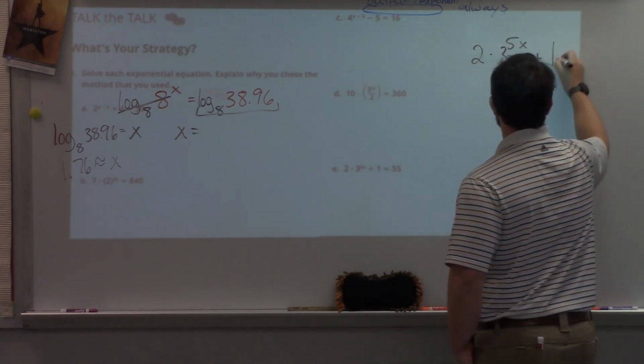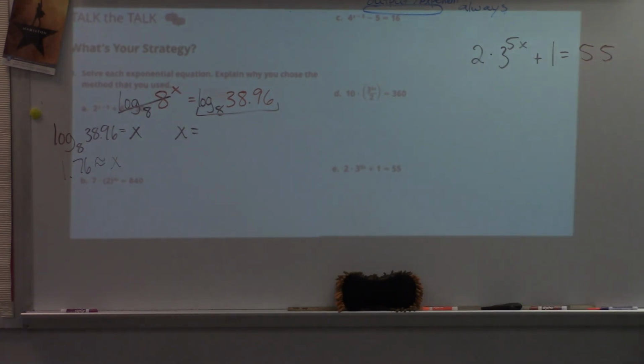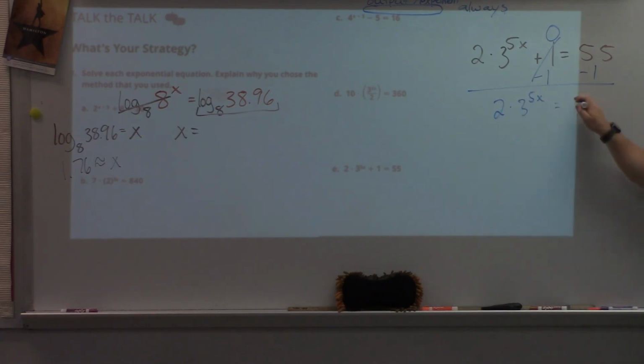Inverses. What is the first inverse I would use in this equation? The last operation happening on that x is adding 1, so I'm going to subtract 1 from both sides of that equation. So 2 times 3 to the 5x would equal what? 54.